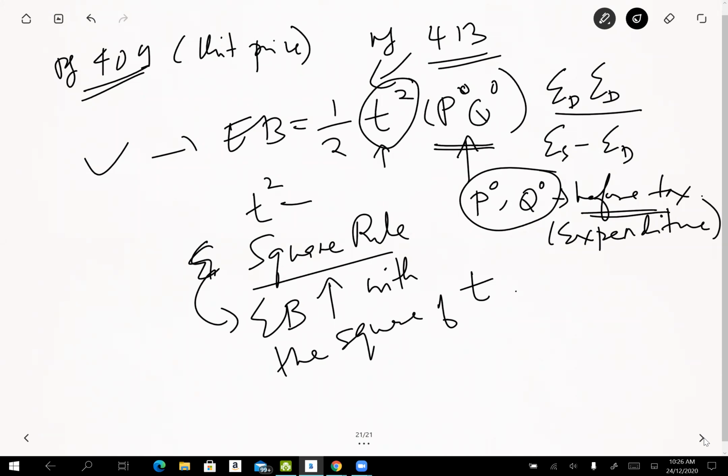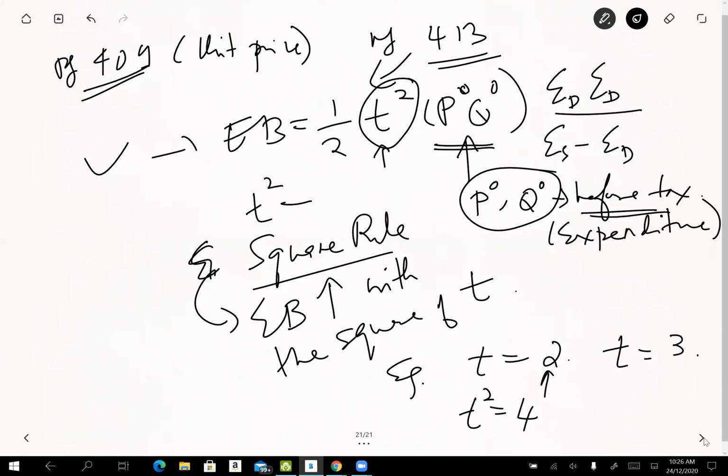For example, let's say T is equal to 2 ringgit. Now the T is increased to 3 ringgit. The effect on the excess burden is not by just T. It's by the square of the T. So the effect will be by a factor of 4.